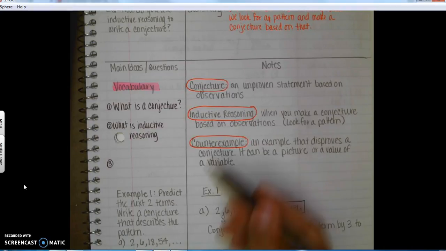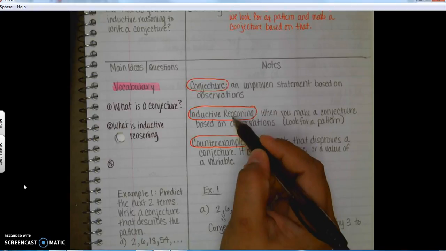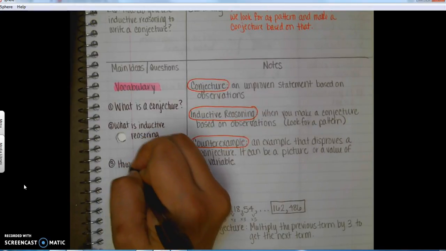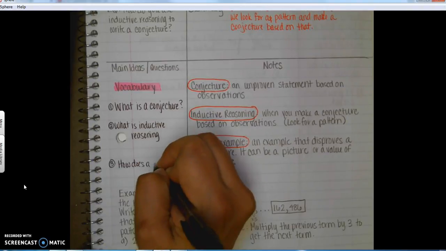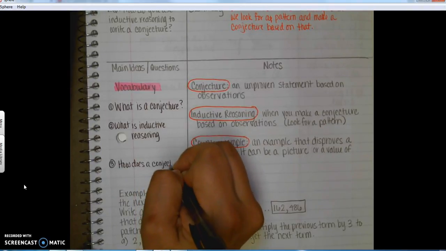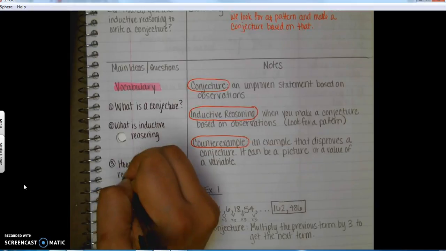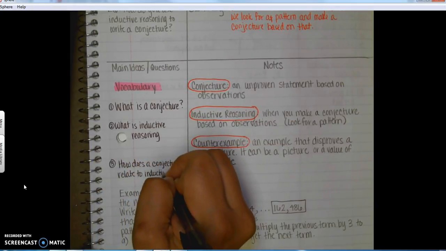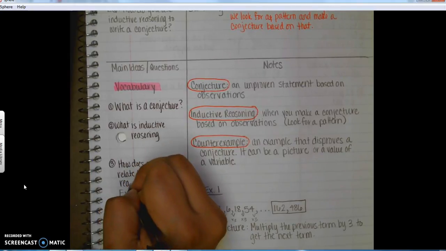So I'm going to say, how does a conjecture relate to inductive reasoning?